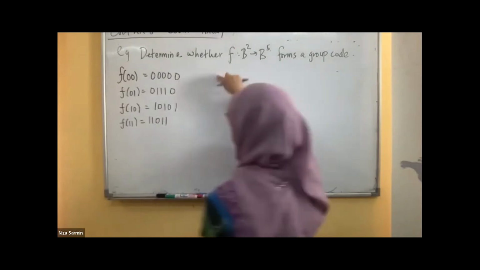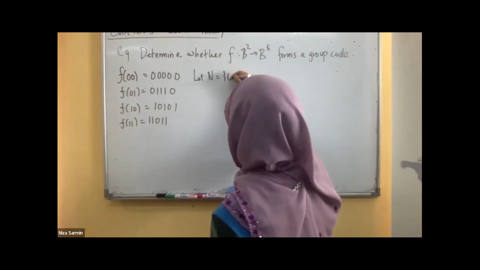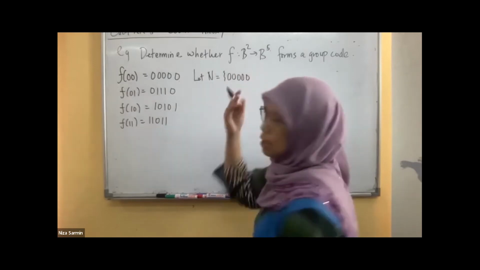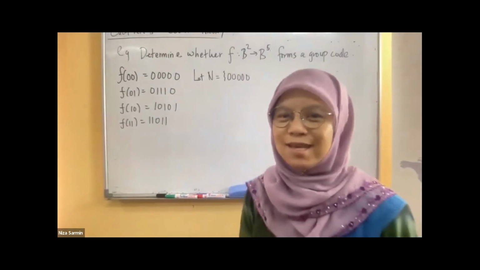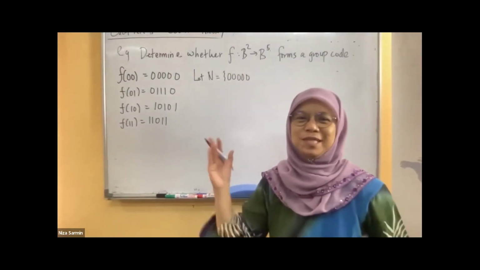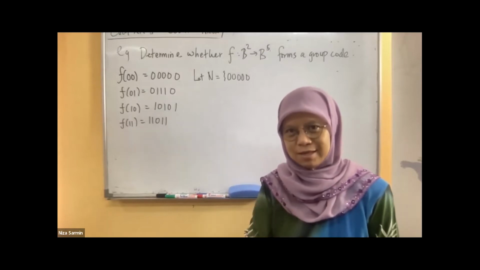So again, let N equal 1, 2, 3. If you are given any question, zeros have to be in there. If zeros are not in there, automatically it's not a group code because the identity is not in there.